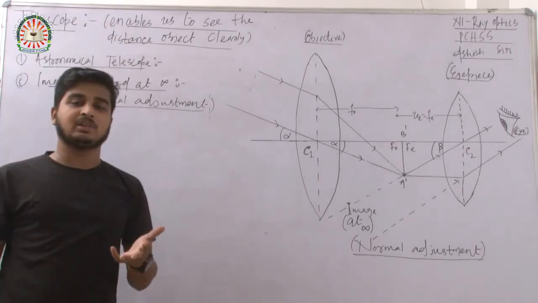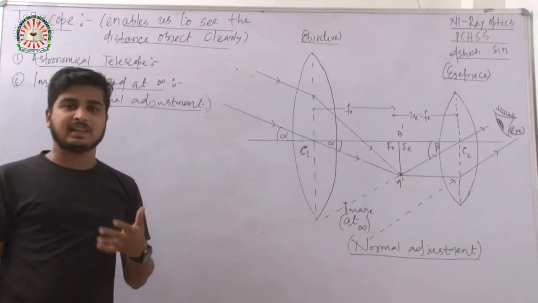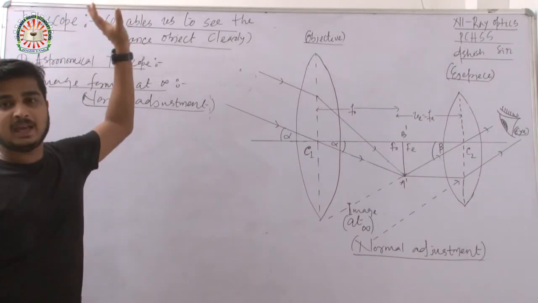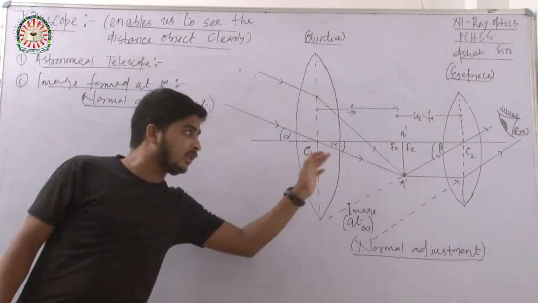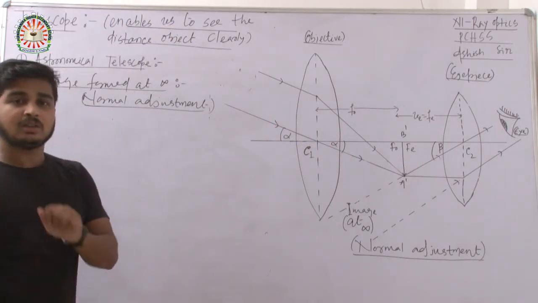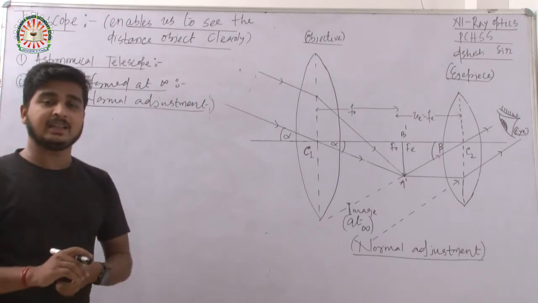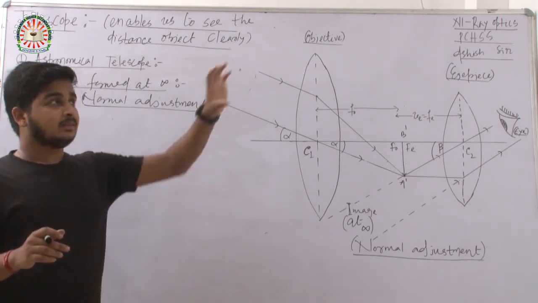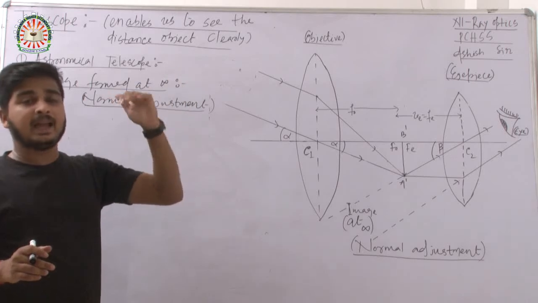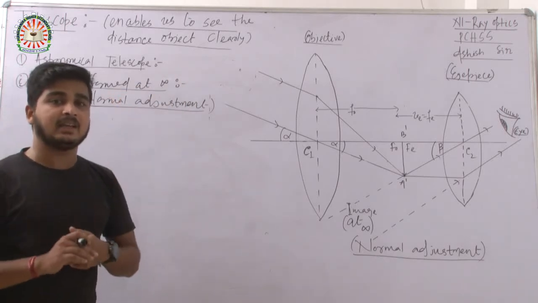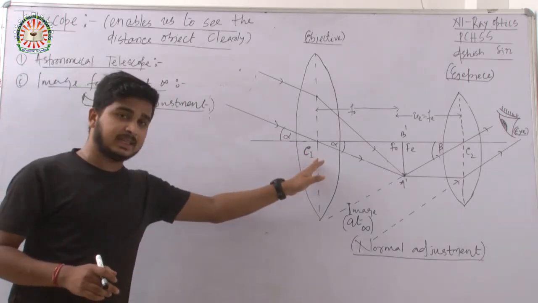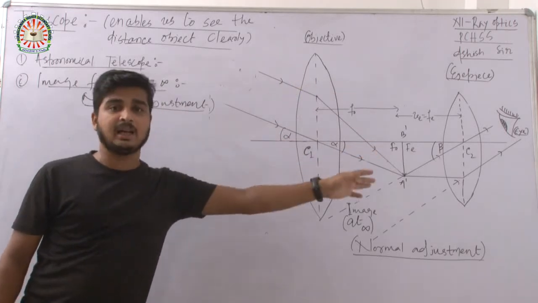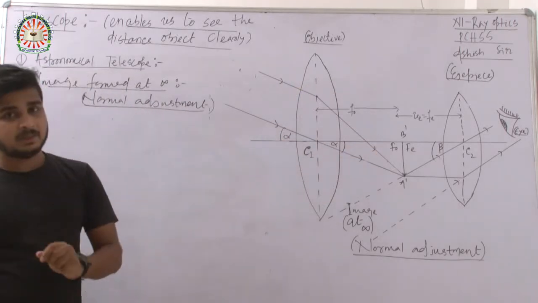We usually consider the planets and stars to be at infinite, so the distance of the telescope from the object is very large compared to the distance between the two lenses. So due to the distance, the light coming in makes the same angle at the objective as at the eyepiece. Listen carefully.